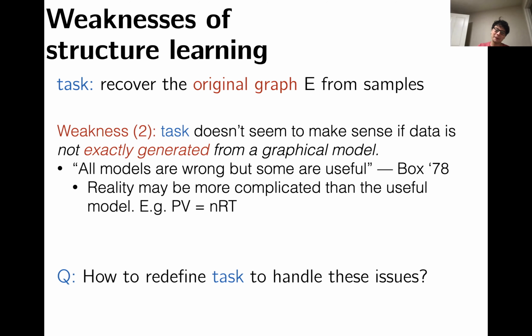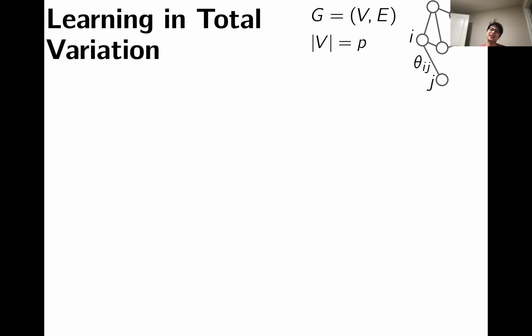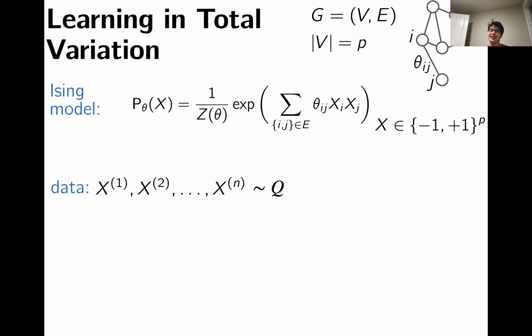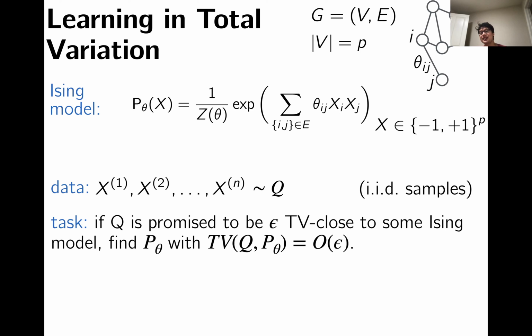Now, if you try to do that, probably the first thing you would think of is learning in total variation. So try to learn a model which in some natural distance is close to the distribution of the real data. Again, we have the Ising model, same as before, but now maybe the data could be generated from an Ising model or even from a different distribution Q. And the promise is that Q, whatever it is, is close in distance to some Ising model.